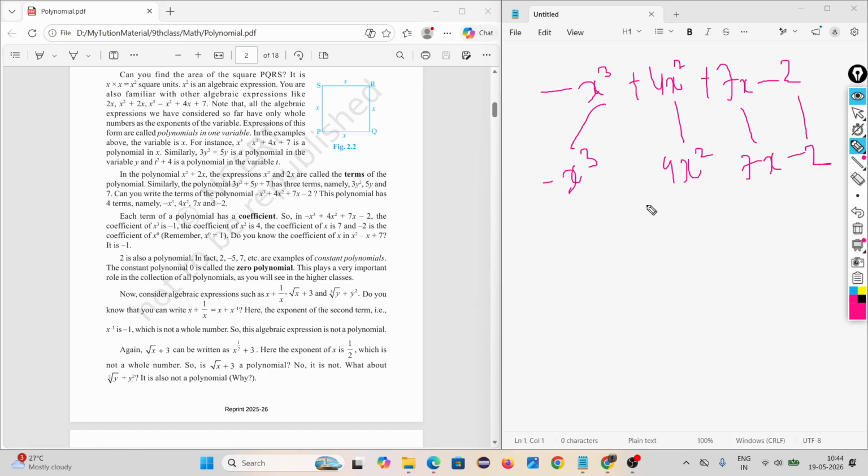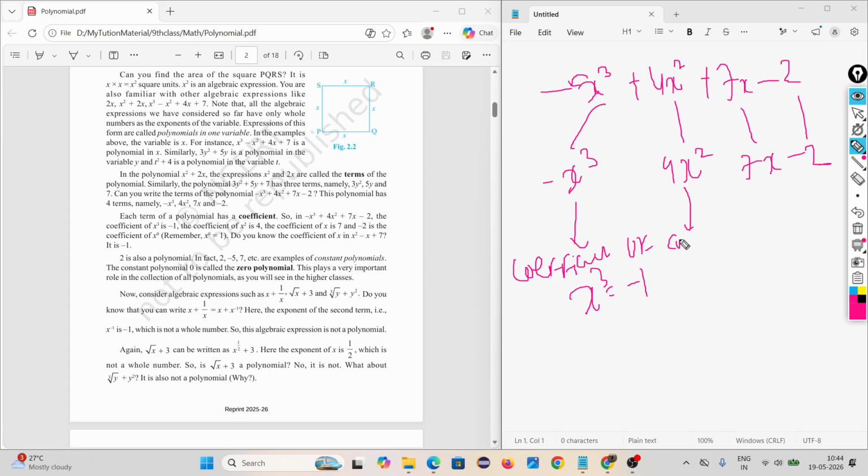If I ask the coefficient of x cube, how much? What is multiplied with the x cube? Minus 1.